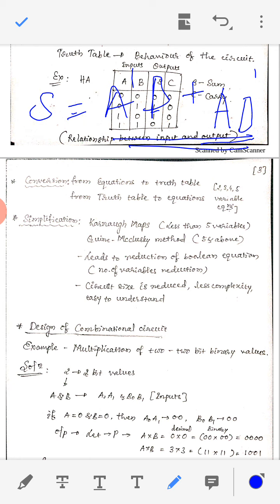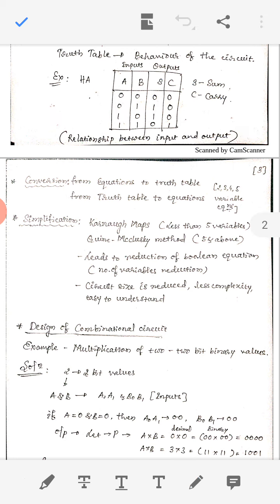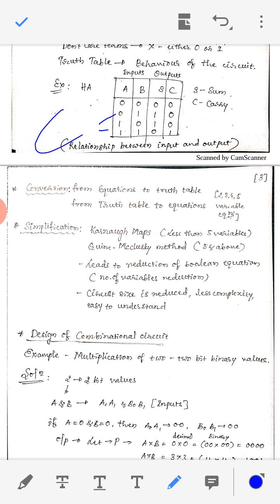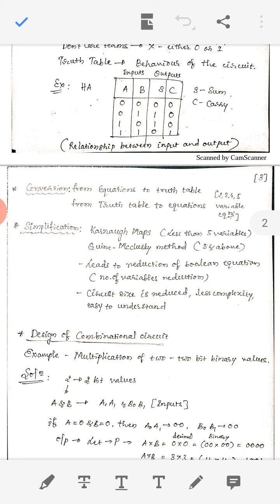This is the equation for the sum. Similarly we can write for carry. Carry is 1 only when A and B are both 1, so A dot B. This is the equation for carry. Like this we need to write the equation from the truth table.